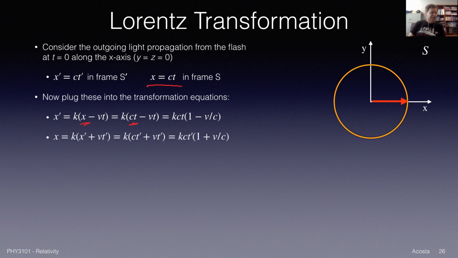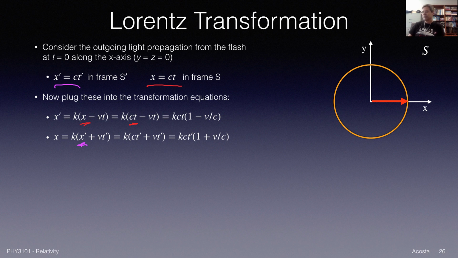Okay, let's do the same thing for the other transformation equation. That is that x is equal to k times (x prime plus vt prime). But now we're going to plug in for x prime, and we're going to use that relation there at the top. So we're going to have something quite similar. The only thing that changes here is we have a plus sign, so we have kct prime, and we have 1 plus v over c.